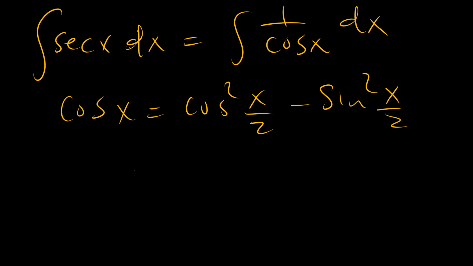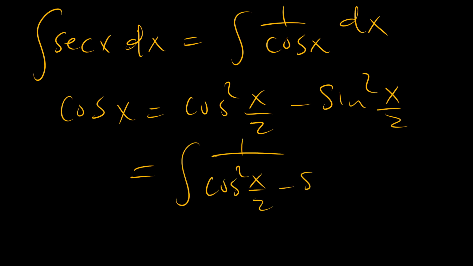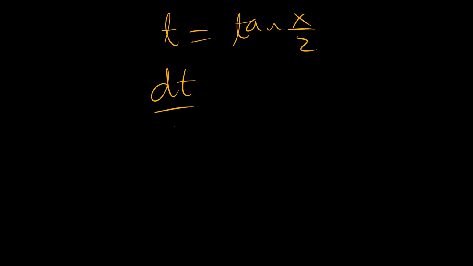So this becomes an integral of 1 over cosine squared x over 2 minus sine squared x over 2, right?